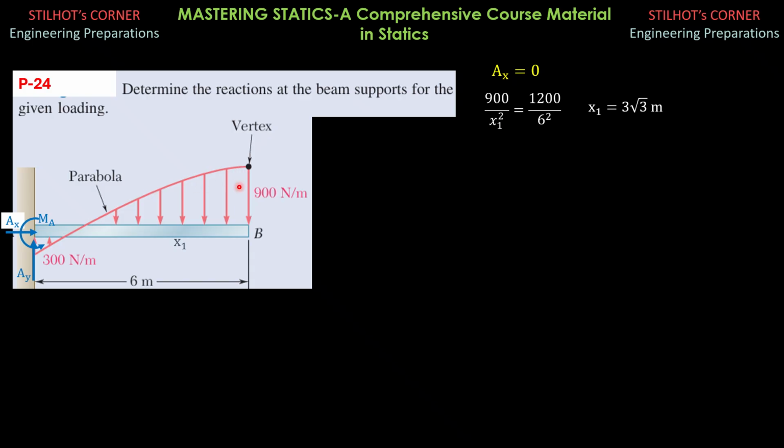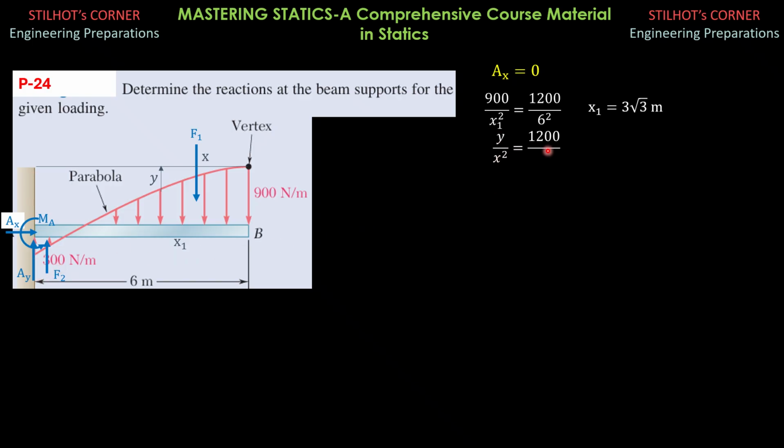Then we can compute this area by integration, but before that, let's name this as F1 and this one as F2, and the distance from here to any point as x, and we can establish this equation y by square property of parabola, so that the strip will have a height of 900 minus y. So y as to x square again is equal to 1200 as to 6 square.